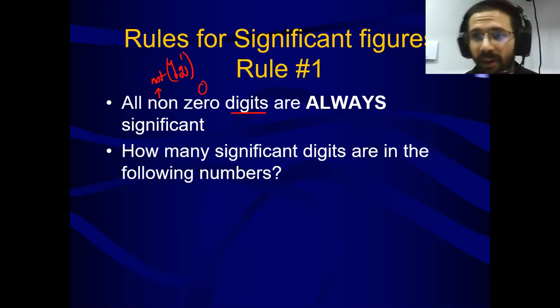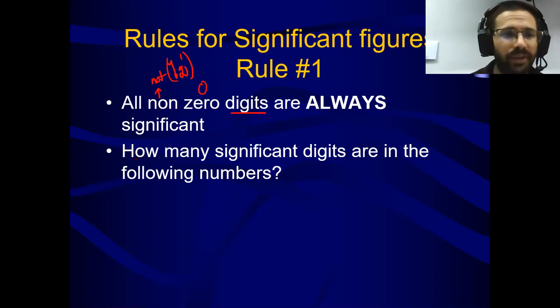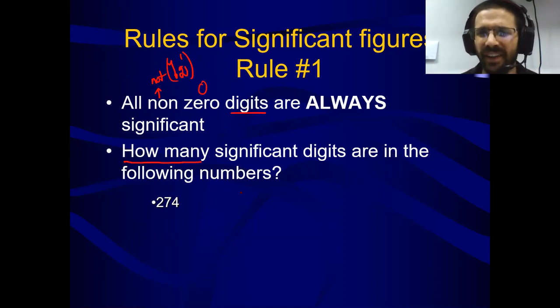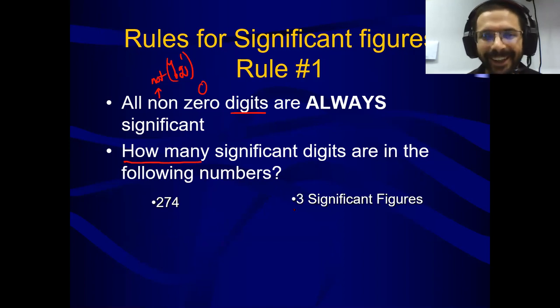Let's take a look at the following numbers. I want you to count how many significant digits there are in the following numbers. This number, how many significant digits are there? 274 is the number, but how many digits are there that are significant? 3, right, good.